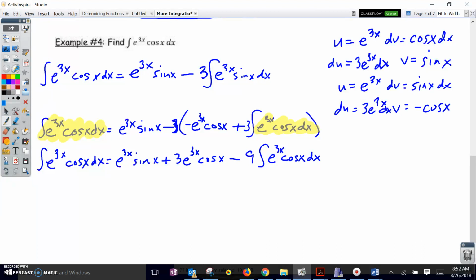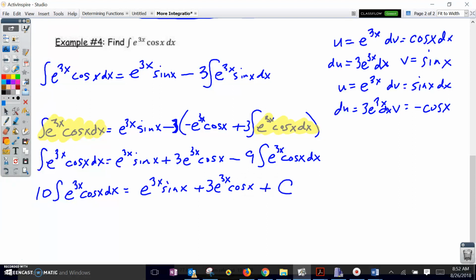Now I'm going to add those 9 times the integral of e to the 3x cosine of x dx to both sides. That gives me 10 integral of e to the 3x cosine of x dx equals e to the 3x sine of x plus 3 e to the 3x cosine of x.